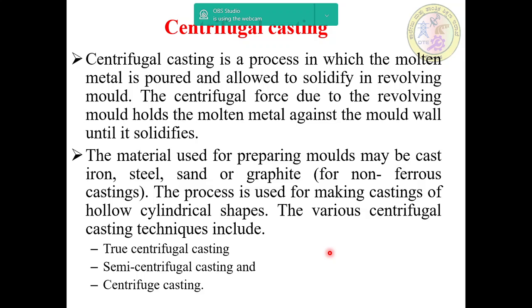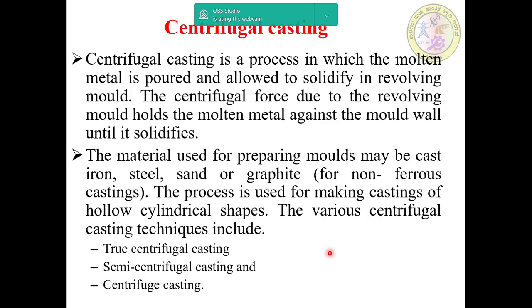Next we'll go for centrifugal casting. Centrifugal casting is a process in which the molten metal is poured and allowed to solidify in a revolving mold. The centrifugal force due to the revolving mold holds the molten metal against the mold wall until it solidifies.